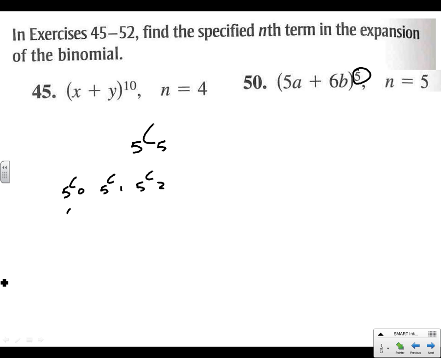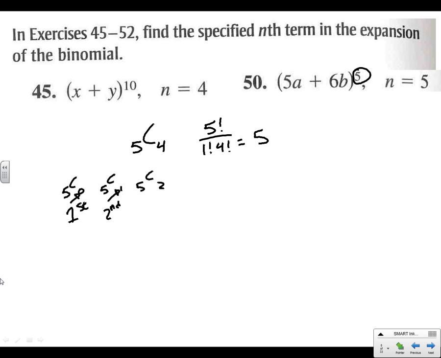So the first term, we actually put in a 0. The second term, we put in a 1. So it's going to be whatever our term is, minus 1 in here. So we're going to go 5c4 for our coefficient.